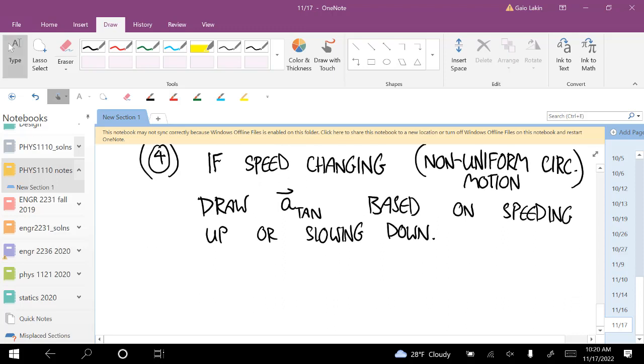Now that you have the centripetal acceleration, which is always there, and you have the tangential acceleration in the case that it's there, sometimes it is, sometimes it isn't, now the total acceleration vector is just the sum of those two parts.